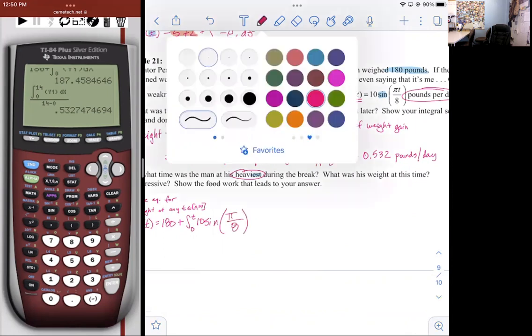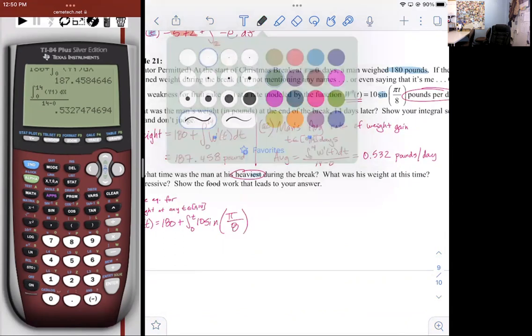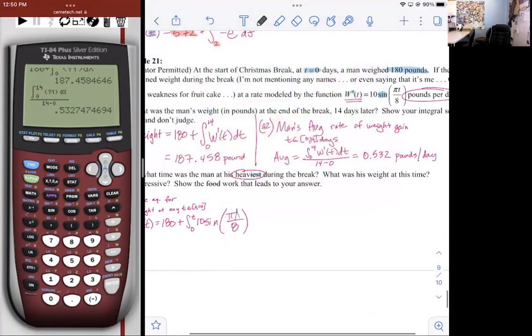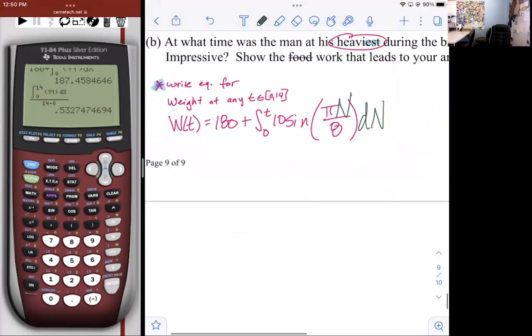So what variable? L, we've already used L. How about N? I'll use capital N, dN. K works great too. And again, why does it have to be a separate variable? Because t is my independent variable, and I don't want there to be any confusion. It's just the upper limit of integration.